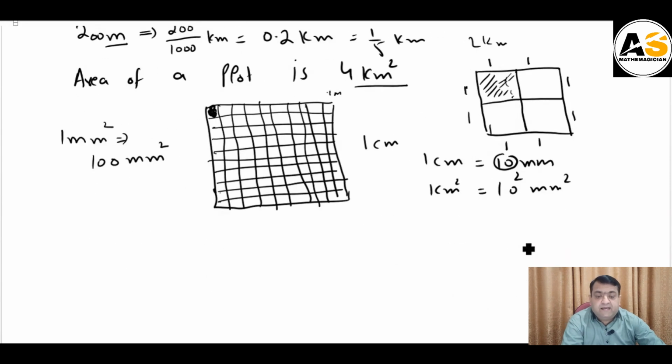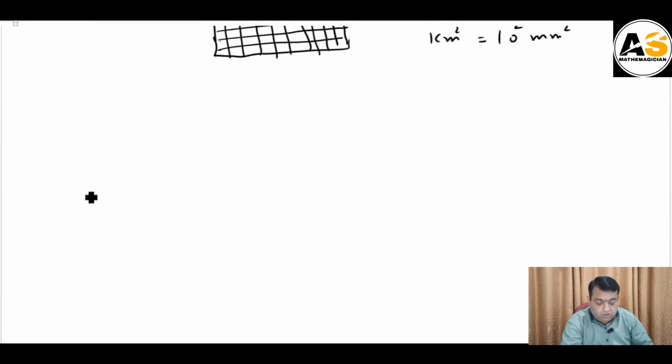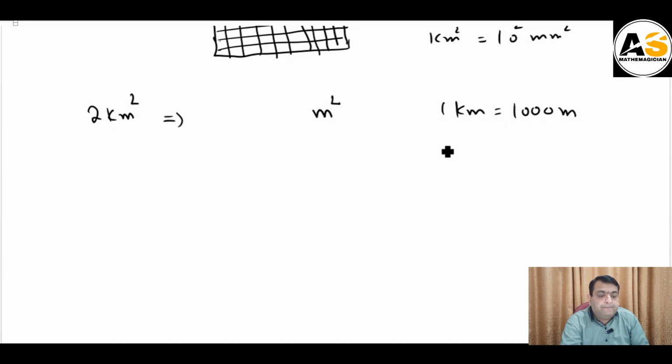Similarly, if I say that the area of a plot is 2 kilometer square, and I want to know how many meter square it is: 1 kilometer is equal to 1000 meter, and 1 kilometer square is equal to 1000 square meter square.